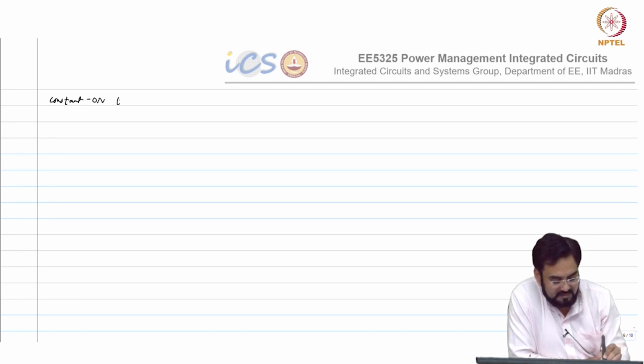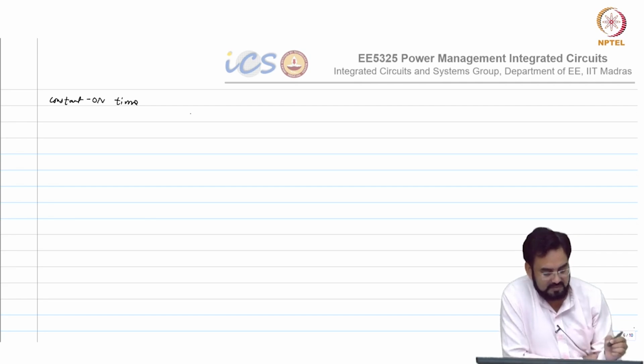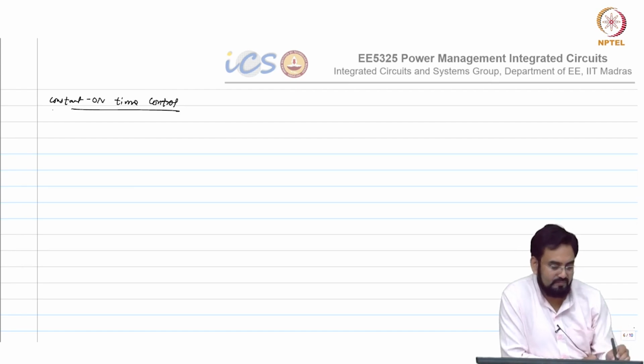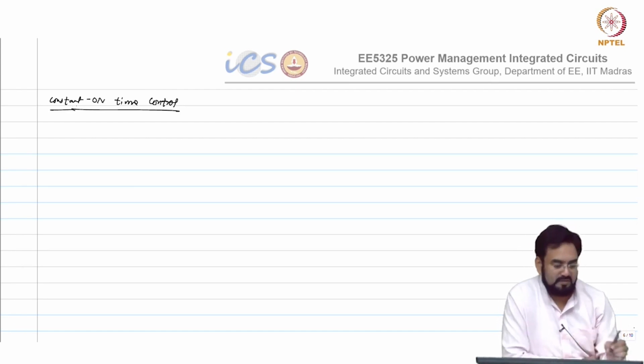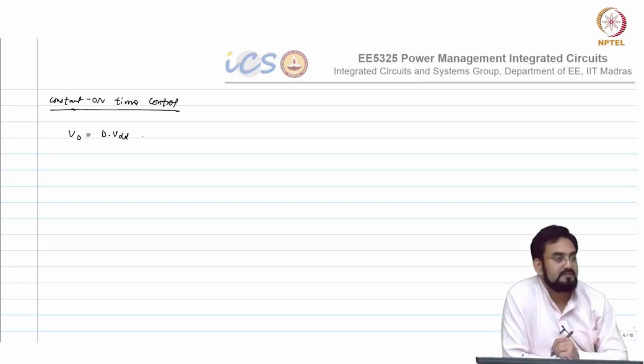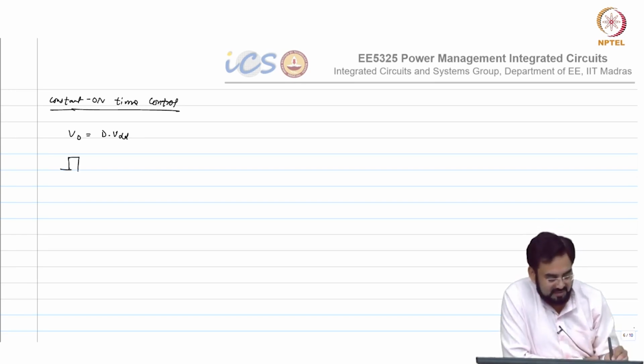Constant on time. So, we know V out is nothing but D times V in or VDD. So, now if I keep this on time constant, T on, and T off is variable.